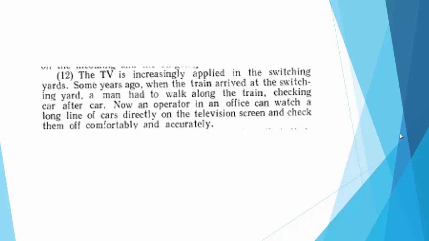Some years ago, when the train arrived at the switching yard, a man had to work along the train, checking car after car. Now an operator in an office can watch a long line of cars directly on the television screen and check them off comfortably and accurately.